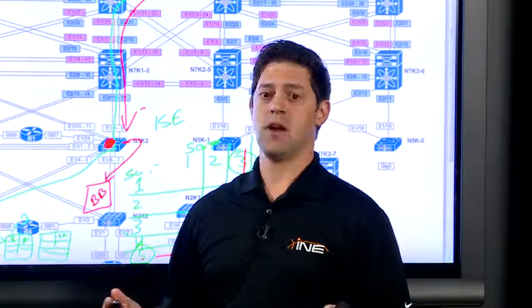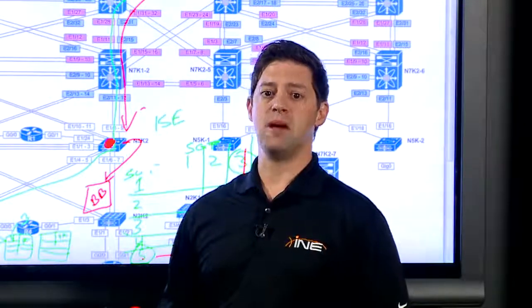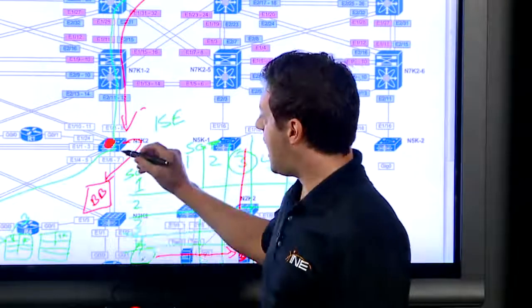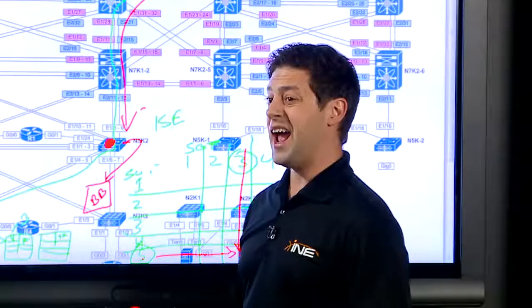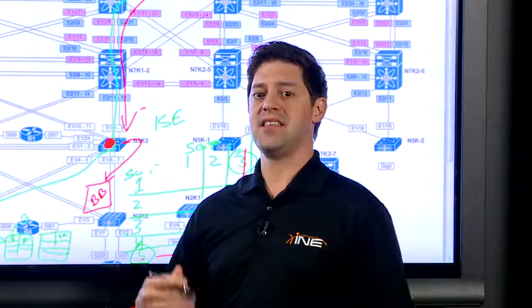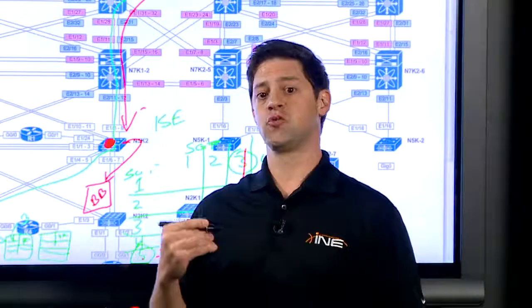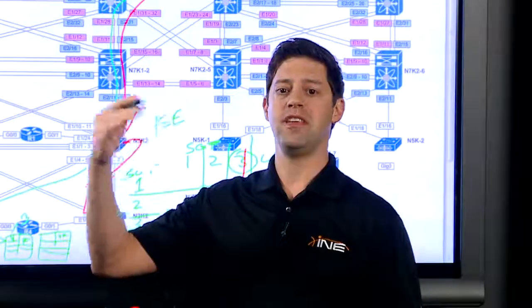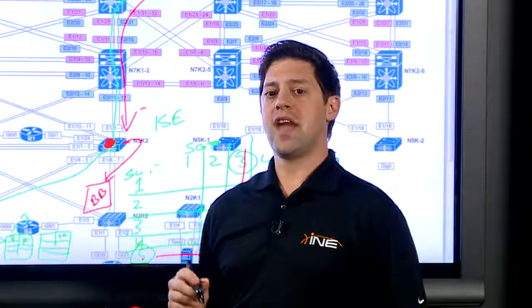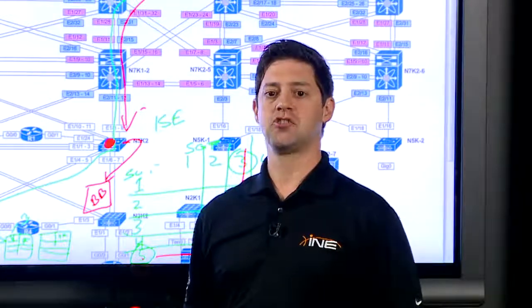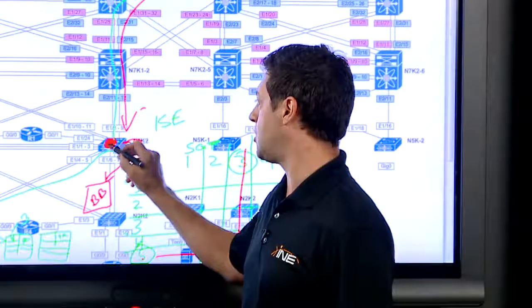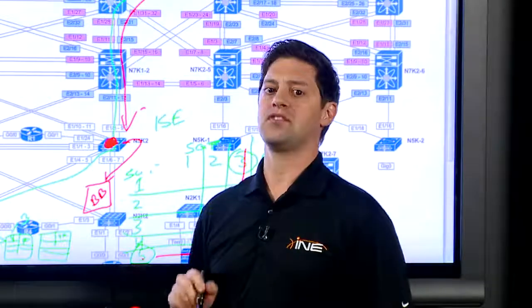At any rate, the TCAM, getting back to the memory architecture of the switch, I now only have to write, and really dynamically, as that access is requested from the end client or the end host, specific access control entries for the SGACL, the security group ACL, at that egress device.